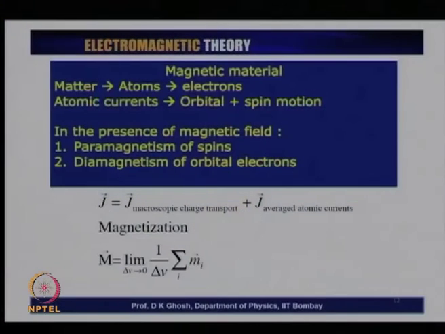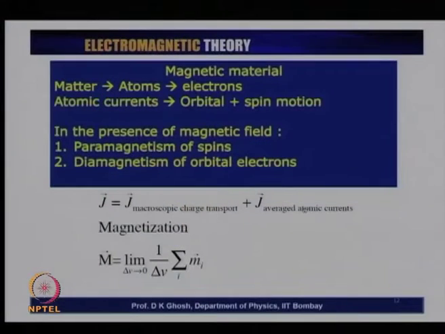Now, the orbital motion of the electrons provides me atomic currents. The other thing is that, as we know, each electron has an intrinsic magnetic moment because of its spin. So, as a result, the atomic currents, if you like, have two parts.